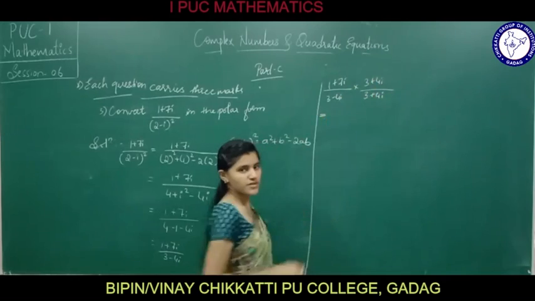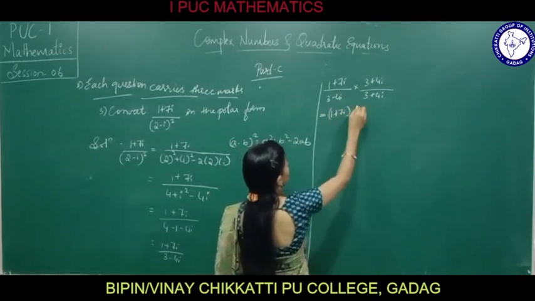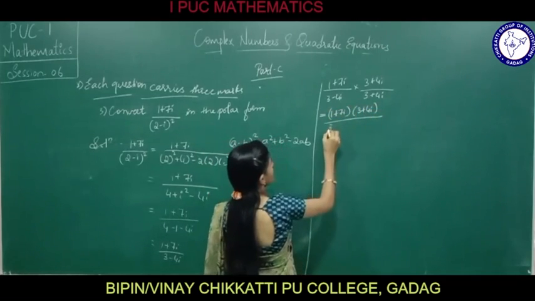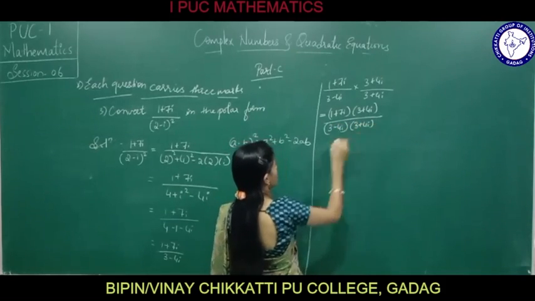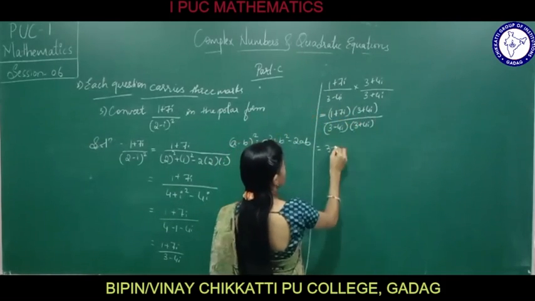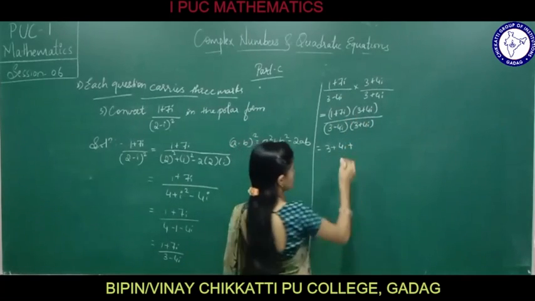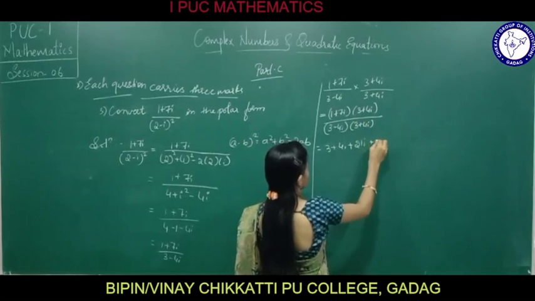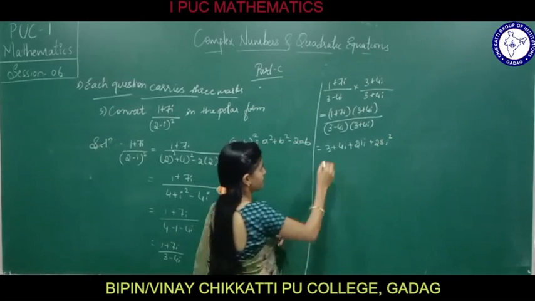We simplify this as 1 plus 7i into 3 plus 4i divided by 3 minus 4i into 3 plus 4i. 1 into 3 is 3. 1 into 4i is 4i. 7i into 3, 7 3s are 21, 21i. 7 4s are 28, into i is i square.